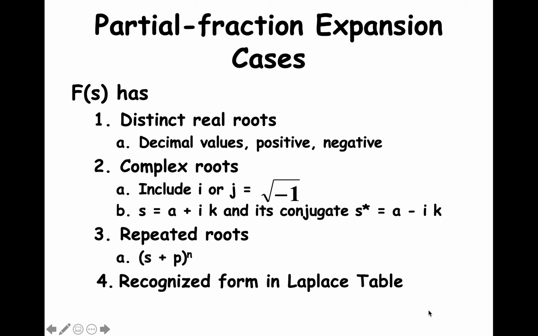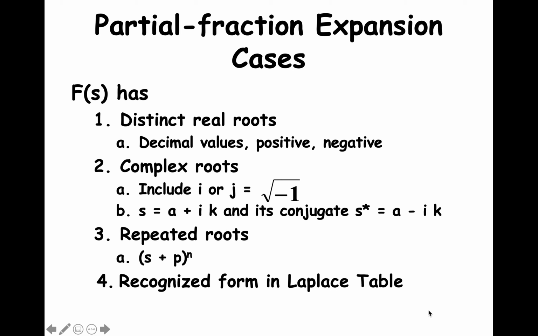When we find roots for the partial fraction expansion, we can have four cases. The first case is when the roots are distinct and real. This is the case we will discuss for this video. The second case is when the roots are complex numbers and include the square root of -1.